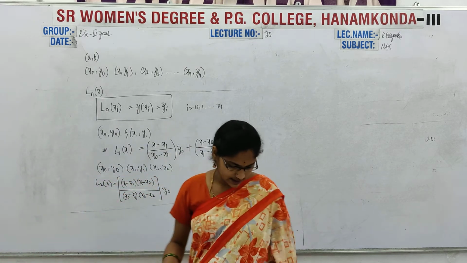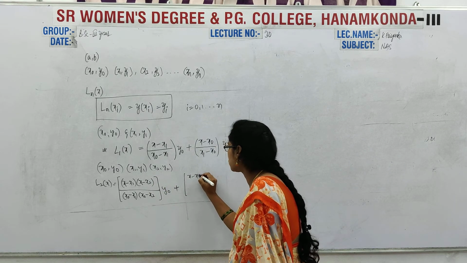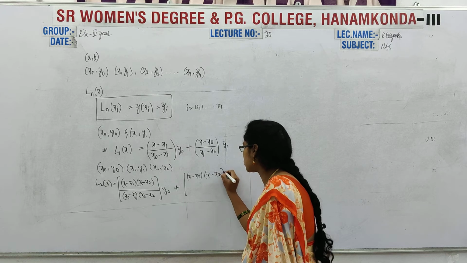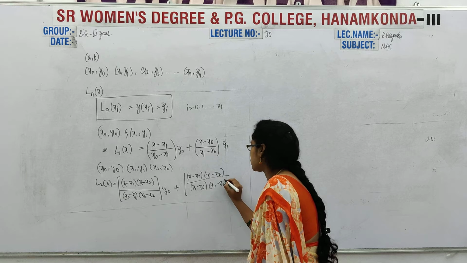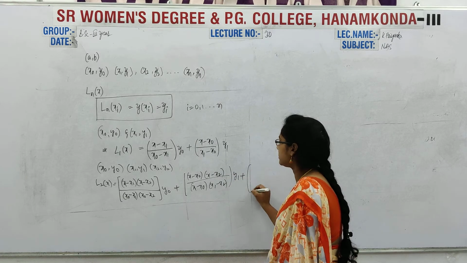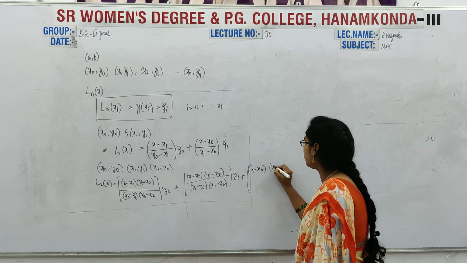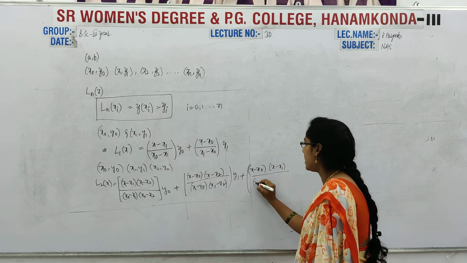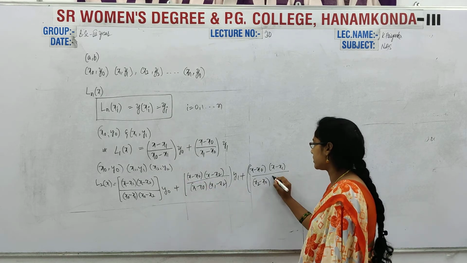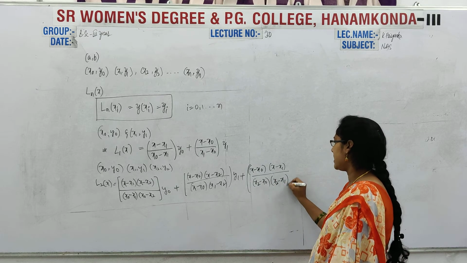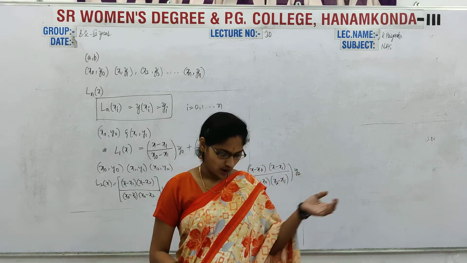The next plus, we ignore x1, that means x minus x0 into x minus x2 by x1 minus x0, x1 minus x2 into y1, plus next, third, we ignore x2: x minus x0 into x minus x1 by x2 minus x0, x2 minus x1 into y2. This is nothing but the value of L2 of x.